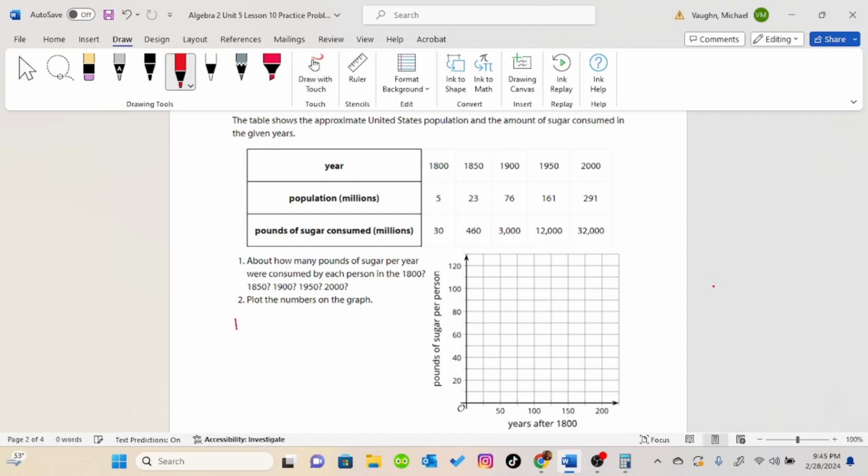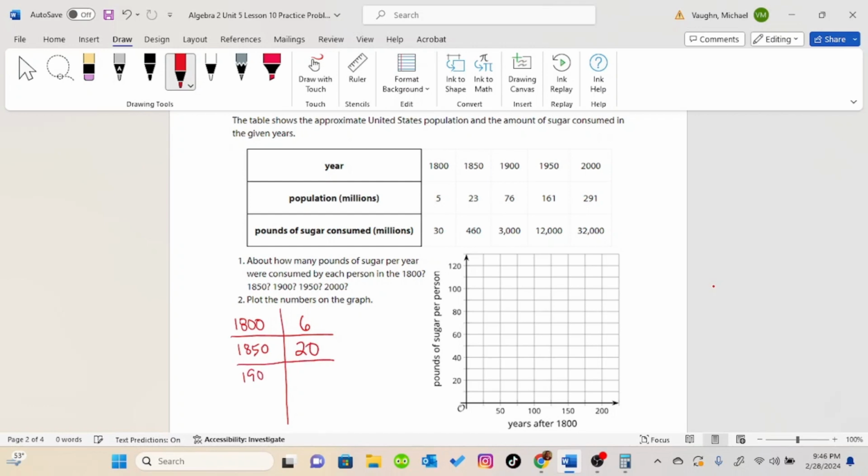So in 1800, we have 30 divided by 5, which equals 6. In 1850, we have 460 divided by 23, which is 20.